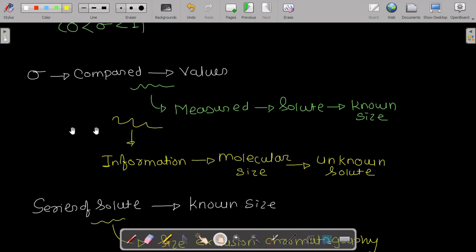You compare the sigma of the unknown solute with the sigma of known solutes, and then you get the information about the molecular size of that unknown solute. So you get the value of sigma of this unknown solute, and then you compare it with the sigma of other solutes whose size you know.